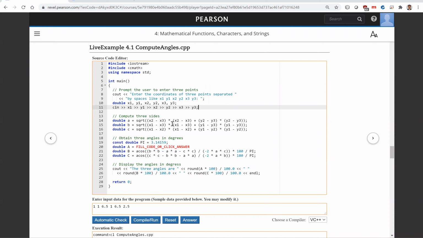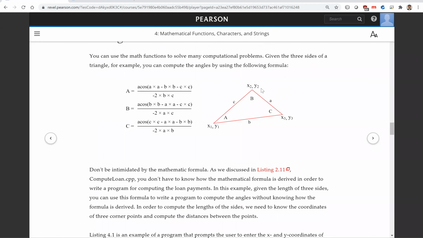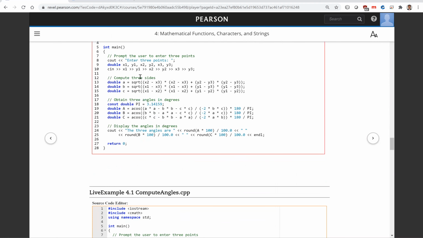From these 3 points, we can compute the distance between the points. So there are 3 sides, a, b, c. This is very important, you need to know where a is. a is the distance between these 2 points, x2, y2 and x3, y3. So that is x2 minus x3 times x2 minus x3.